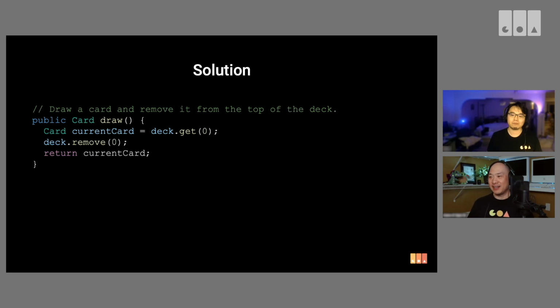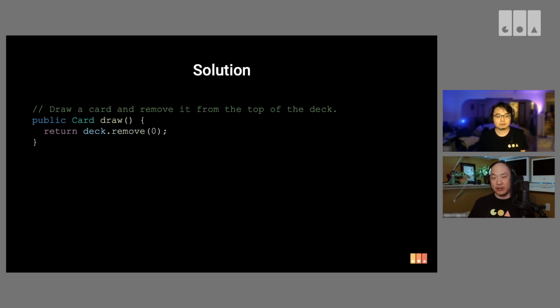Yeah, that's right. It's a contrived example, but potentially someone could put remove 1 in the second line while get 0 in the first line, and that would be a bug. As you said, in this one-liner, there's no way to make that error because there's only one place where we have the index as 0.